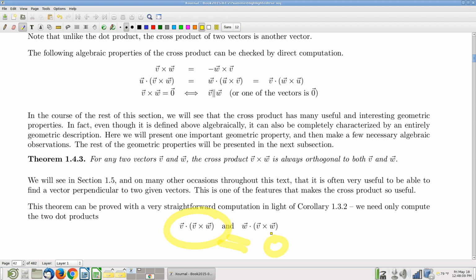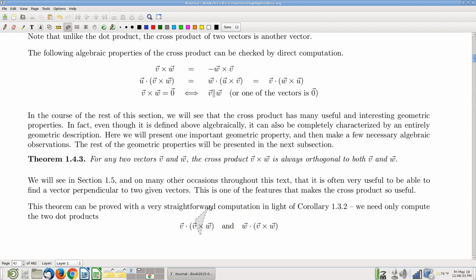The other half of the theorem comes from computing this dot product. Take this dot product. If you get 0, it means that V cross W is orthogonal to the W vector. And we're done. It's just algebra. This is a good exercise for everyone to do.